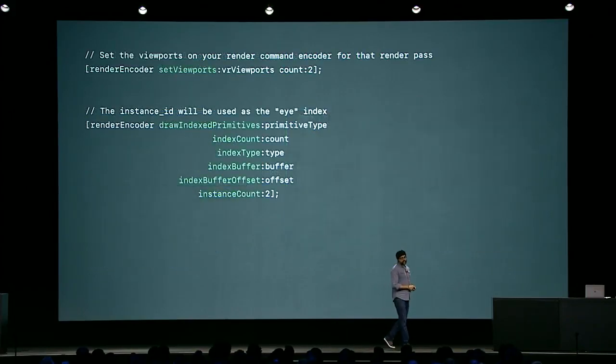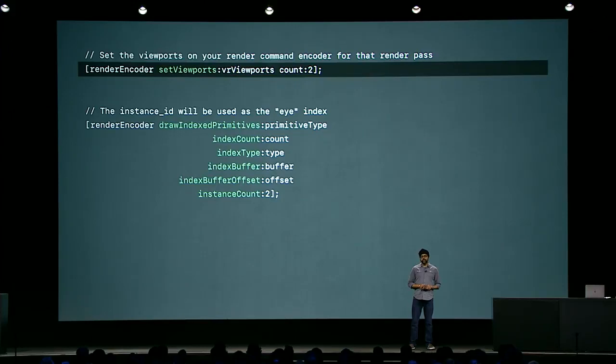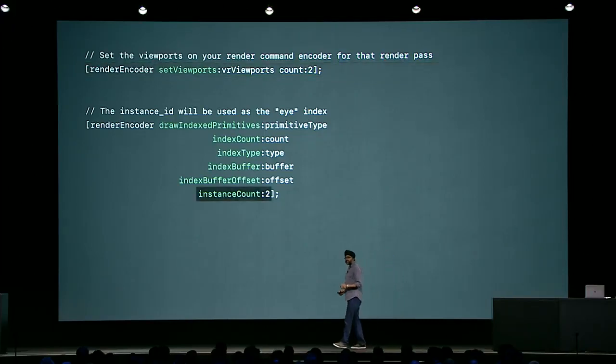And then you can pass this viewport array to your render command encoder using the new set viewports API. And then at this point, you'll want to make an instanced draw primitives call with an instance count of 2 to issue the draw to your left and right viewports. We'll be using the instance ID as our eye index in the vertex shader.